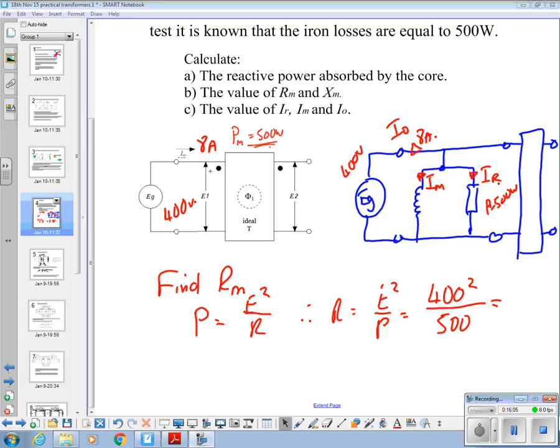That comes out as 320 ohms. Is that what you guys got? Yeah? Alright. Let's write on here 320 ohms.